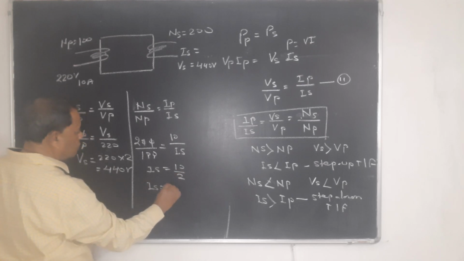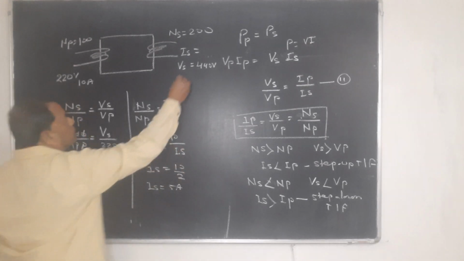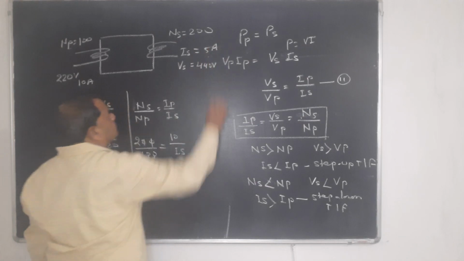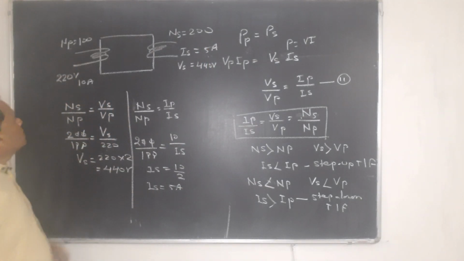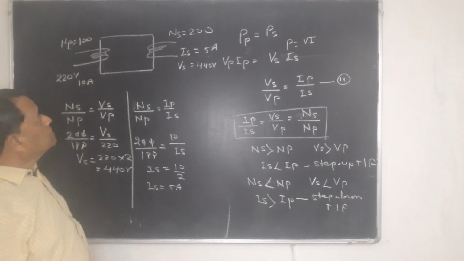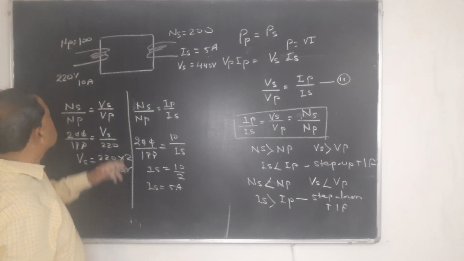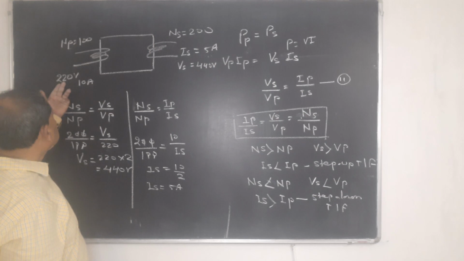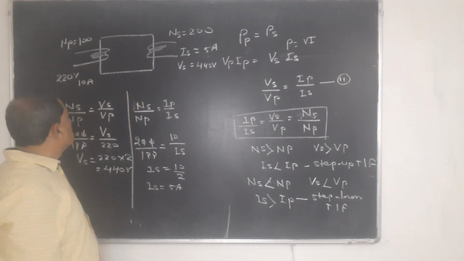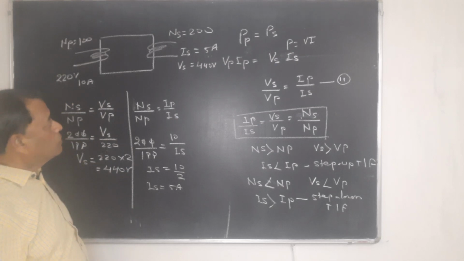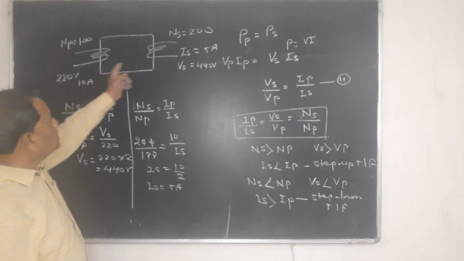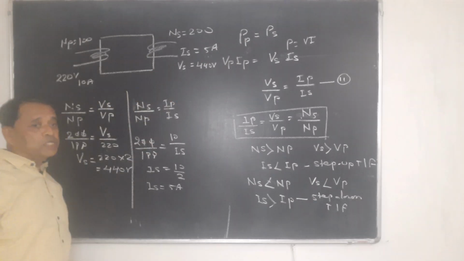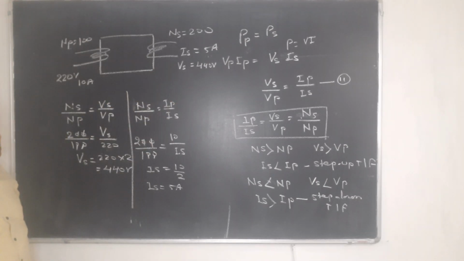Is is equal to 5 amperes. So we get 5 ampere current. So here, when number of turns in the primary is 100 and in the secondary is 200, the voltage is increased from 220 volts to 440 volts. But the current decreases from 10 ampere in the primary to 5 amperes.